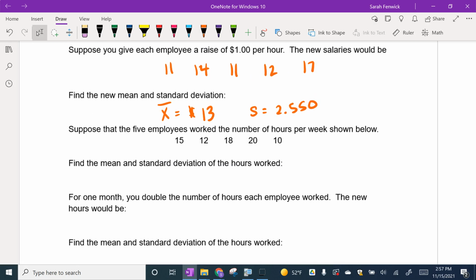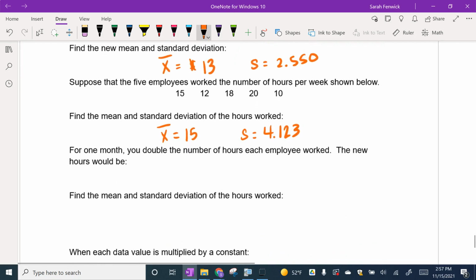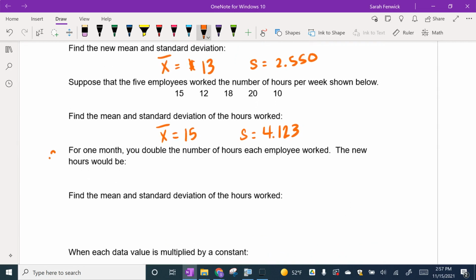Suppose that the 5 employees work the number of hours per week shown below. Find the mean and standard deviation of the hours worked. The mean of the hours worked would be 15, and the standard deviation would be 4.123. For 1 month, you double the number of hours each employee works, so you multiply by 2.